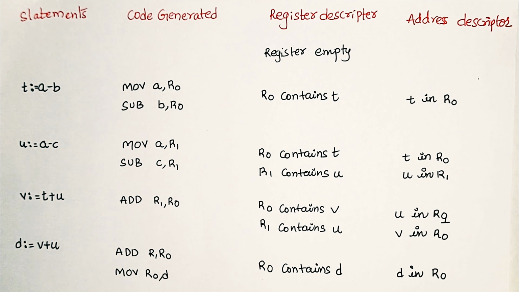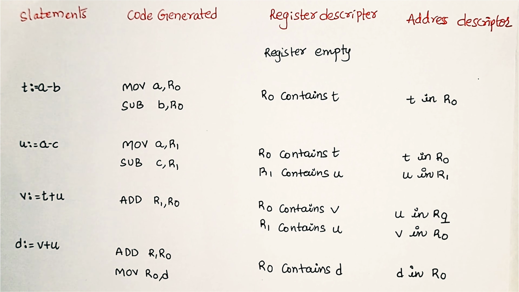When it comes to the register descriptor, r0 contains t, because the result is stored at t. In the address descriptor, t is in r0. So the address location is t in r0.